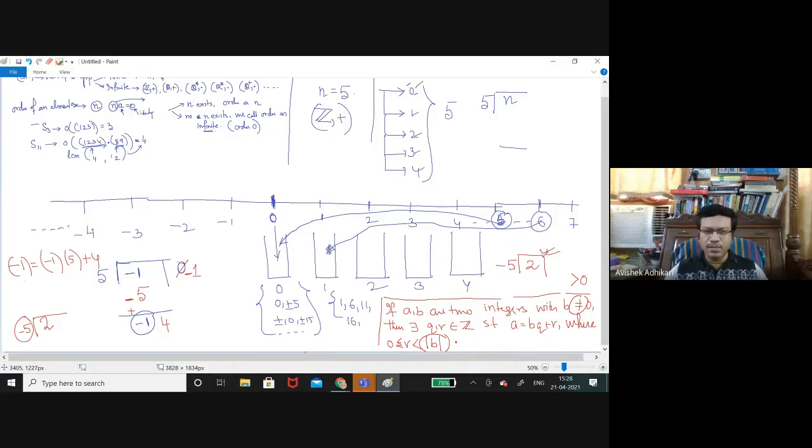Now, can anybody tell me what would be the quotient and what would be the remainder, if I divide 2 by minus 5? Quickly, again a test.